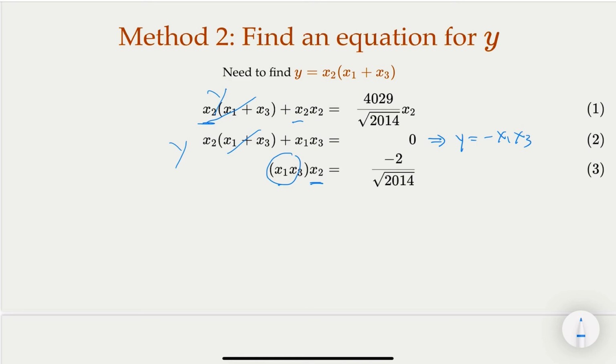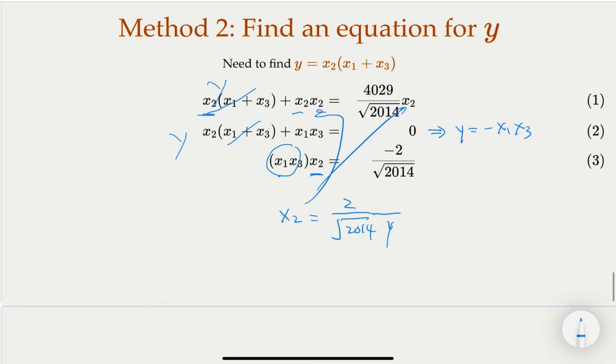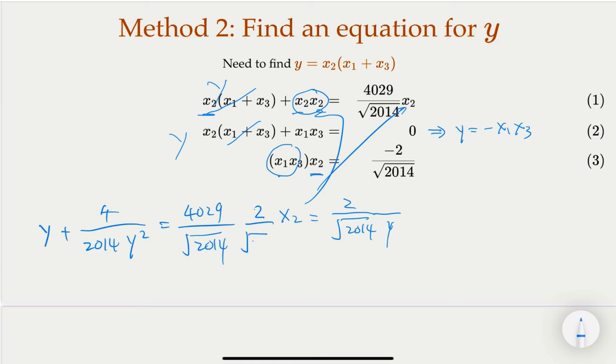Plug in here, so x2 equals 2 square root of 2014 divided by y, and then you plug into the first equation. What you get is y plus x2 squared, so it's going to be 4 divided by 2014 times y squared, equal to 4029 divided by square root of 2014 times x2, which is 2 over square root of 2014 times y, right?